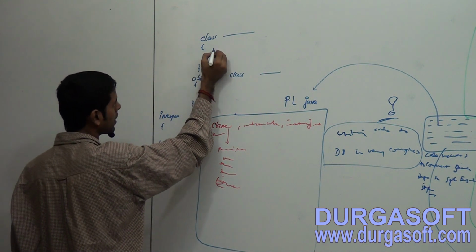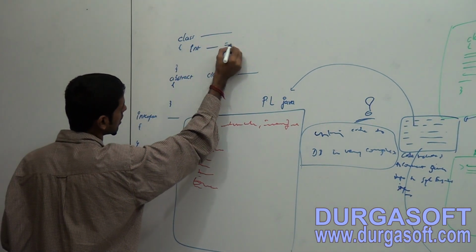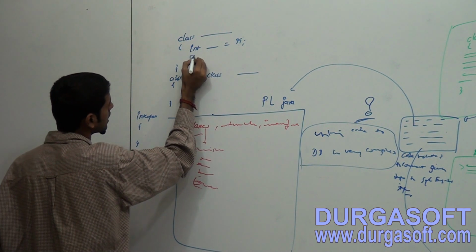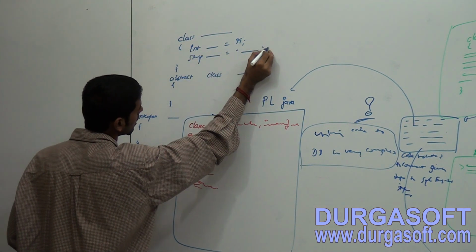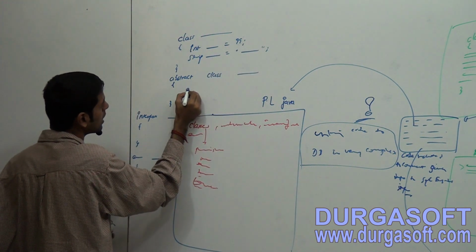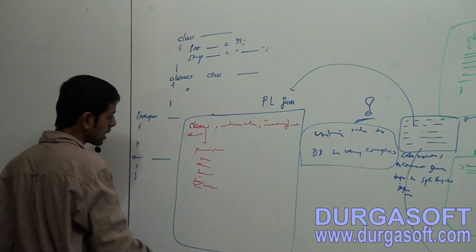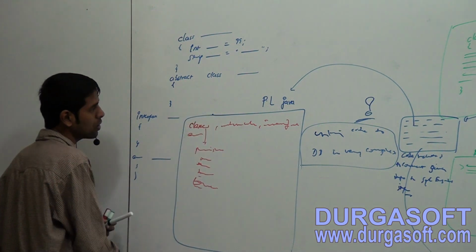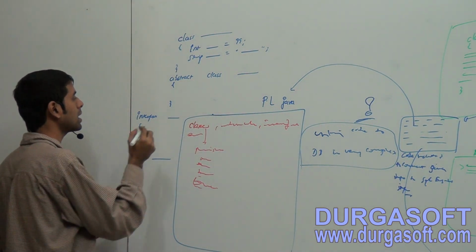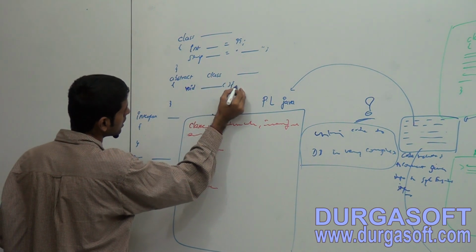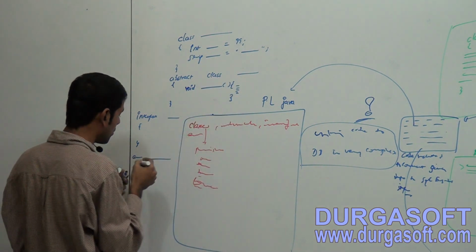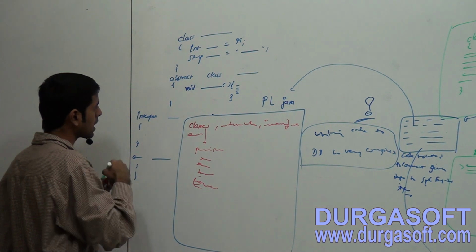And if it is a variable, int one name equals to something. If it is a string variable, String one name. Getting? Now if it is a method, I have to give a return type. No issues, I'll give the return type. Observe here, void some method name, some implementation.